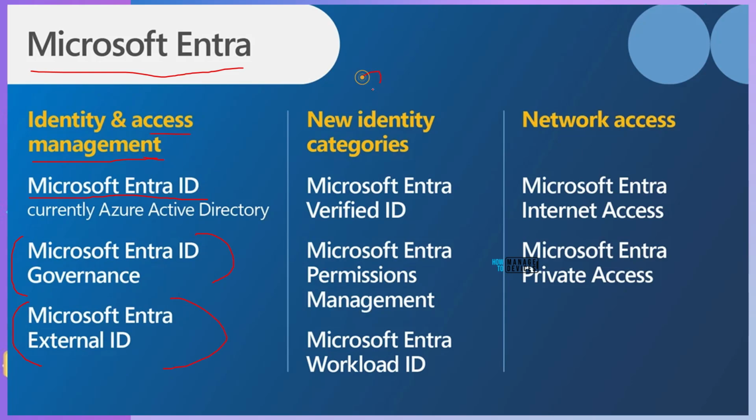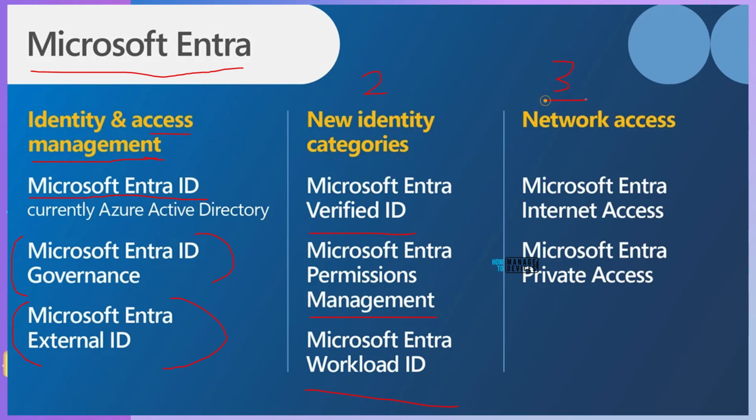The second category over here is new identity categories. Microsoft has recently announced Microsoft Entra Verified ID, Microsoft Entra Permission Management, and Microsoft Entra Workload ID. So these are the modern identity categories which can be used with modern applications, etc.